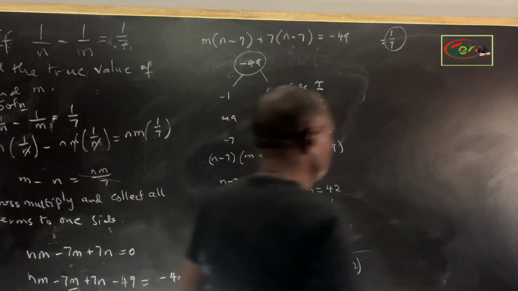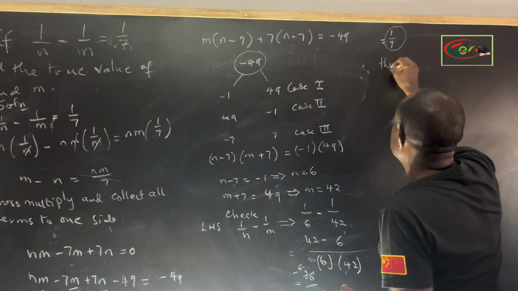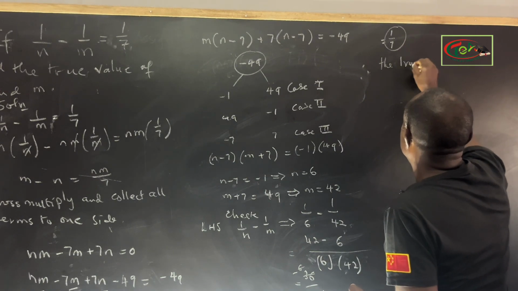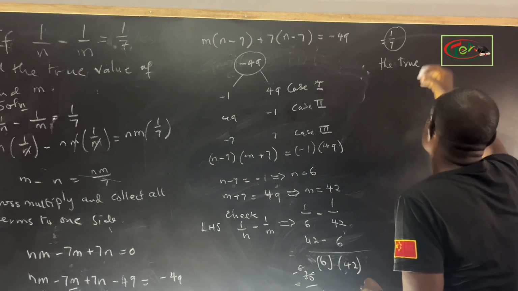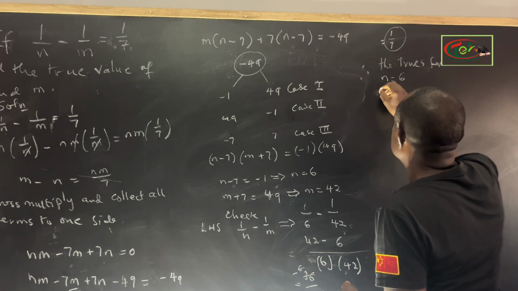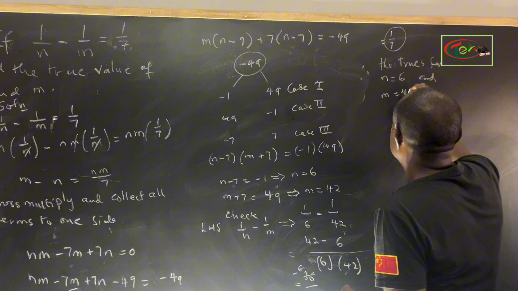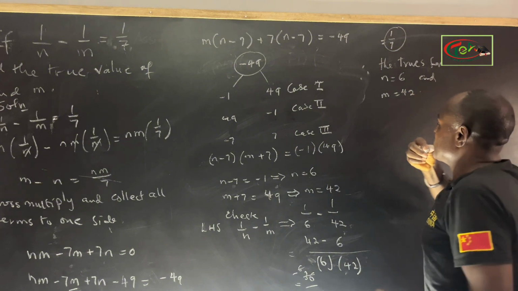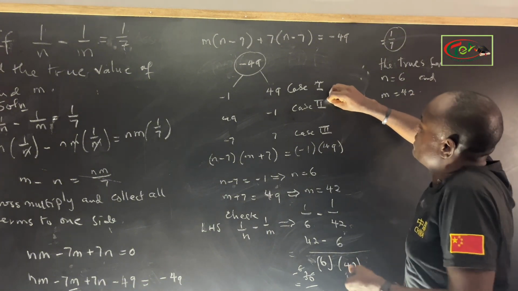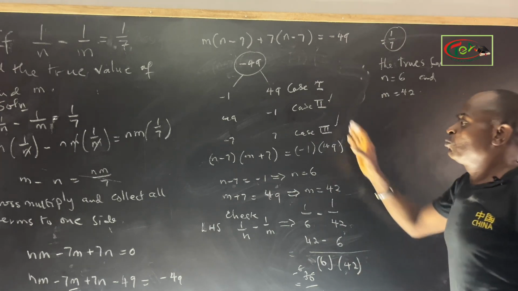Therefore, we conclude that the true values are n equals 6 and m equals 42. If you try cases 2 and 3, they won't satisfy.